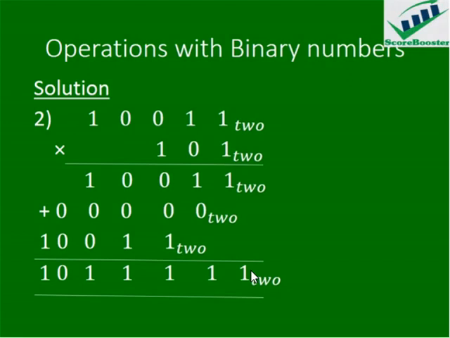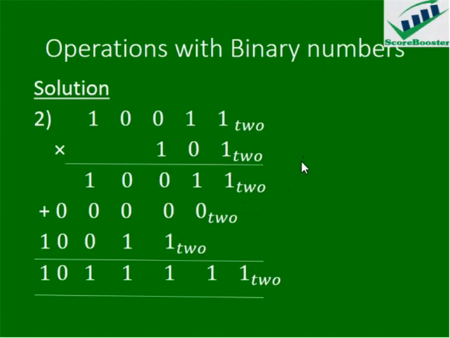The only rule is that when you add two or more numbers and the result is equal to or greater than the base you are working in, here base 2, for example 2, 3 and so on, then you divide your answer by the base, which is 2.